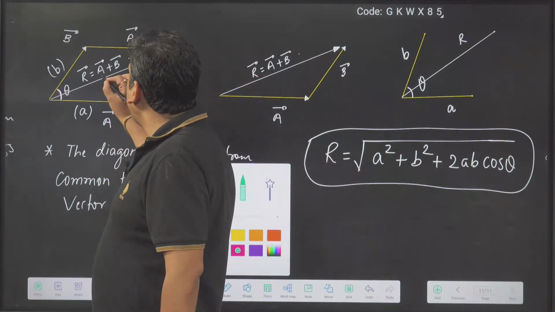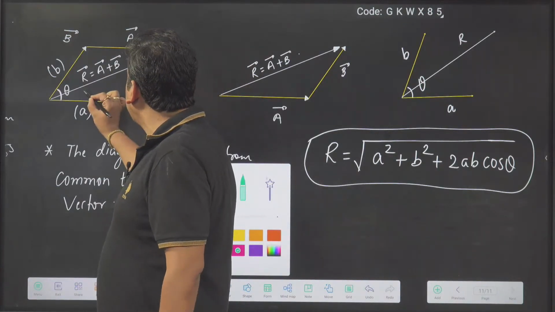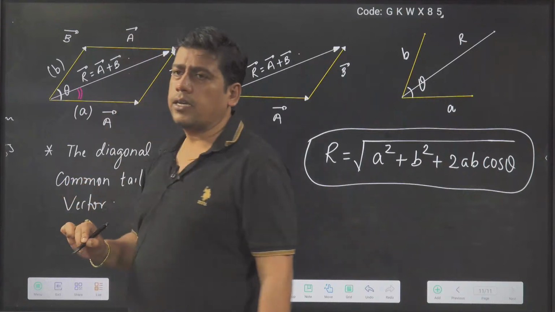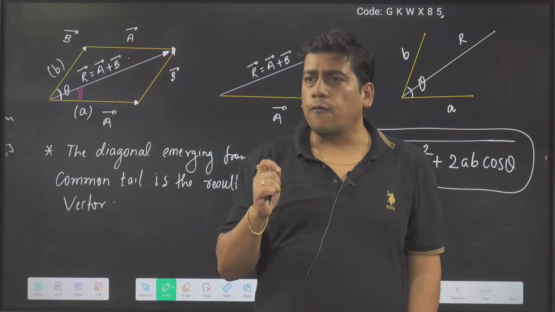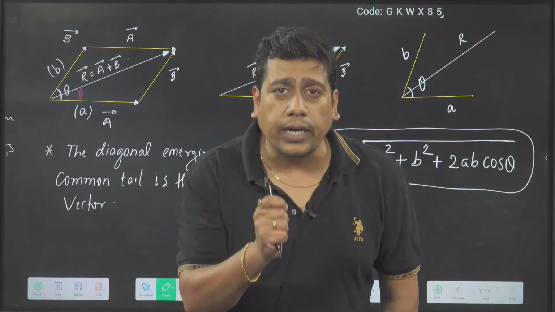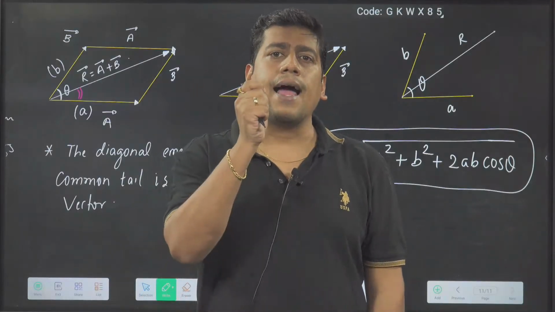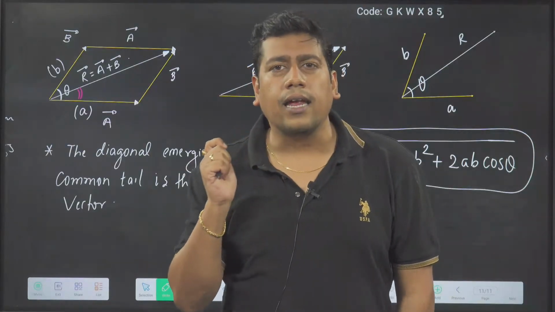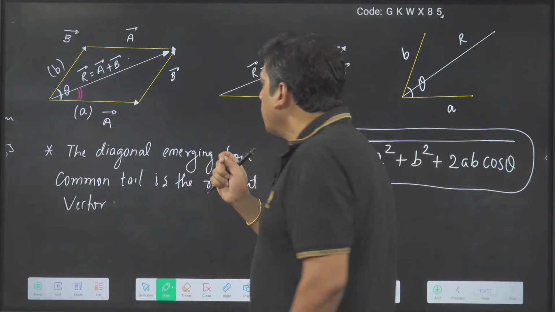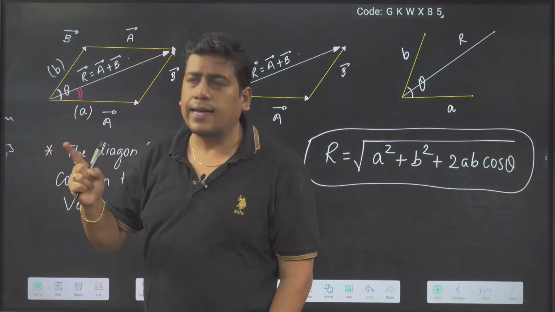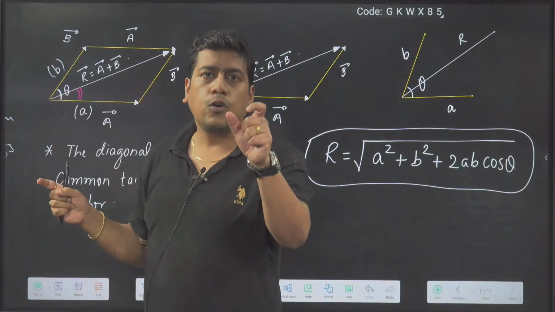We will find the angle made by the resultant with one of the vectors. To find the direction of R vector, listen to me very carefully. I'm repeating it again and again because this is where you make the mistake.